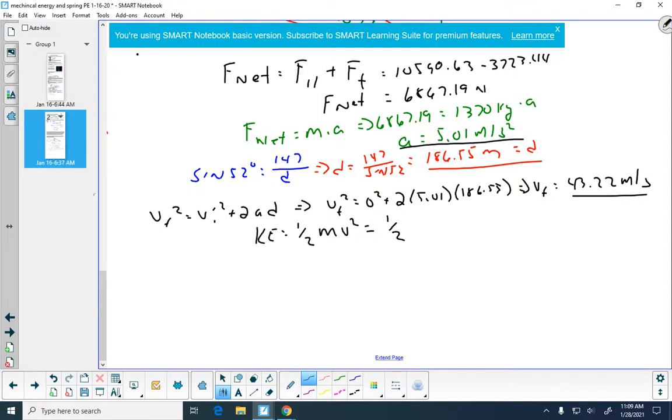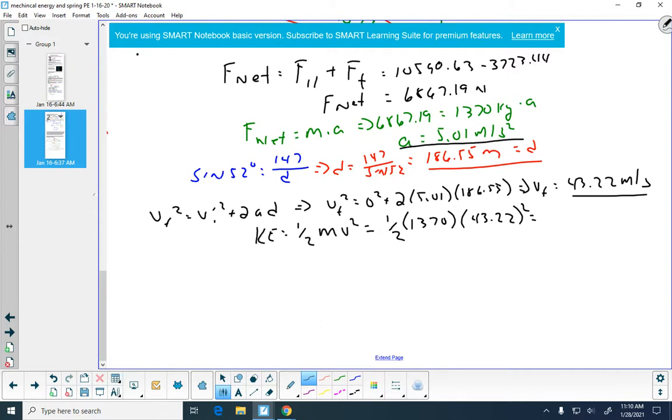So we have 1/2 times our mass, which is the 1370, times 43.22 squared. Should get a really, really large number.